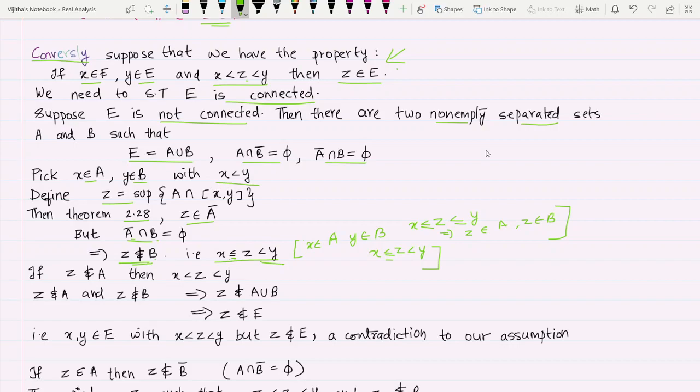So we are assuming that Z is not an element of B. Now we will see if it is in A or not.